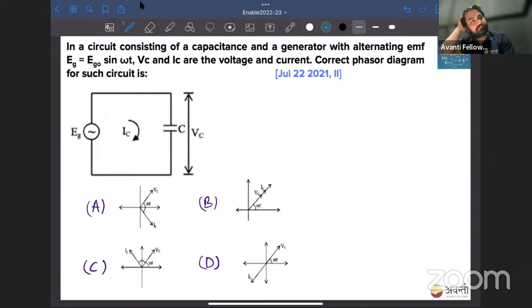Then after that, have you written this question? After that, what we have studied: when we put a resistance in this AC source or generator, the current and voltage will be in phase.